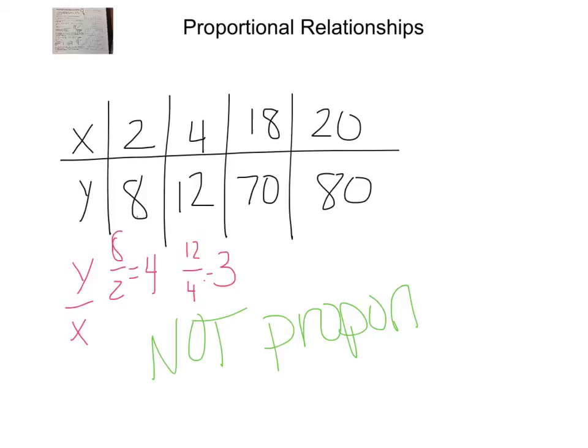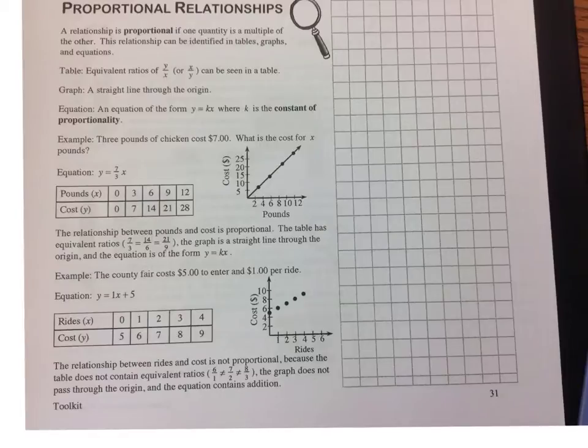As soon as one of those values in the table comes up with a different ratio when you divide your y by your x, you'll know that it's not proportional. So no proportional relationship exists in this table between your y and your x. So now we can see that you can tell if a proportional relationship exists in a table because when you take your y and divide it by your x, that ratio will be equal across your whole table.